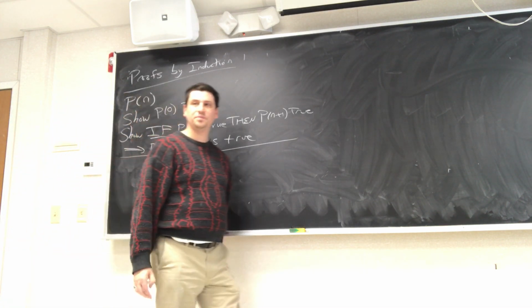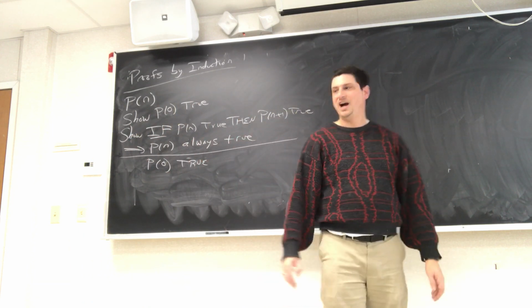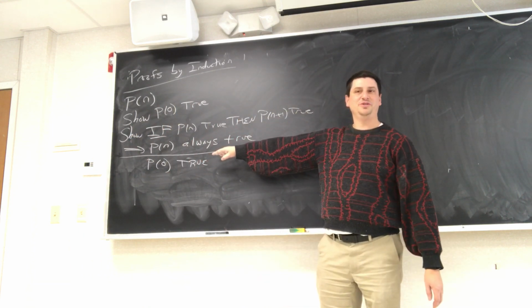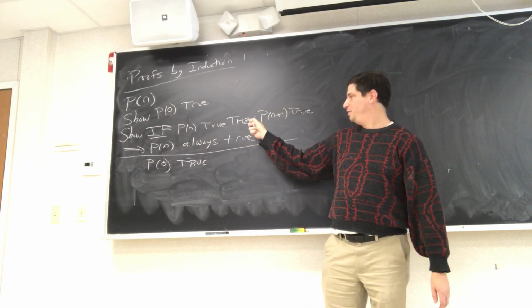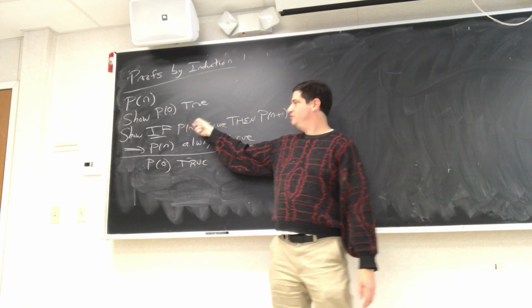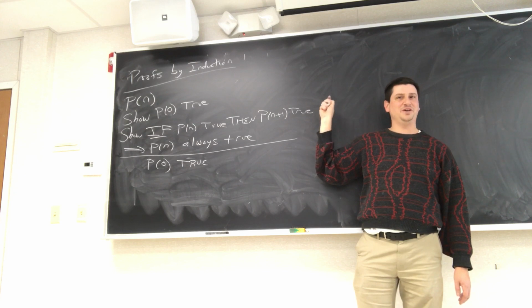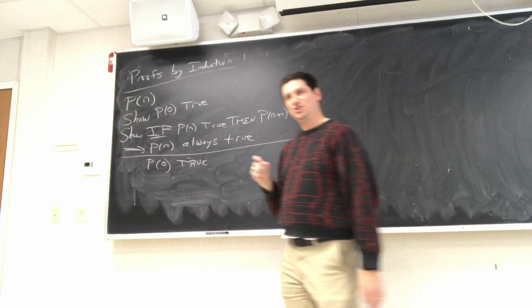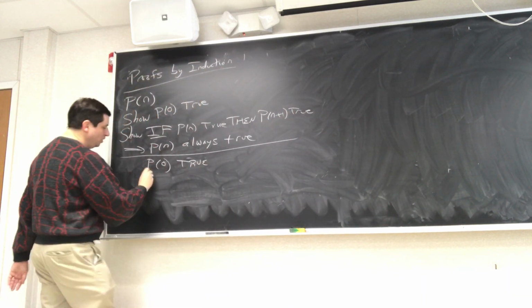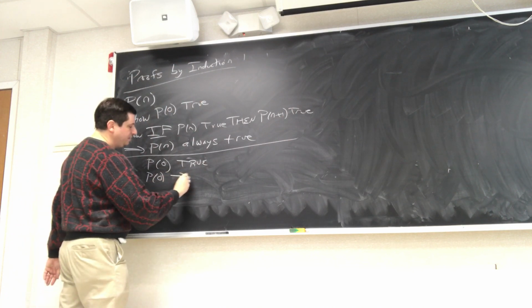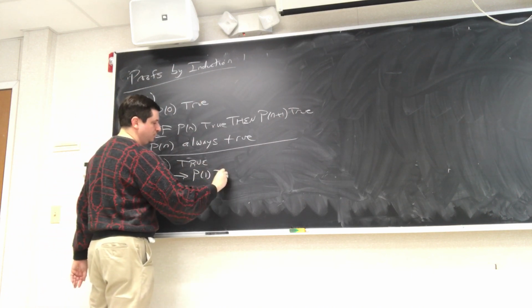I know P0 is true. If I do 1, then if P1 is true, I would know P2 is true. What's a good value of n to take? 0. So if I take n equals 0, I know if P0 is true, that implies P1 is true.